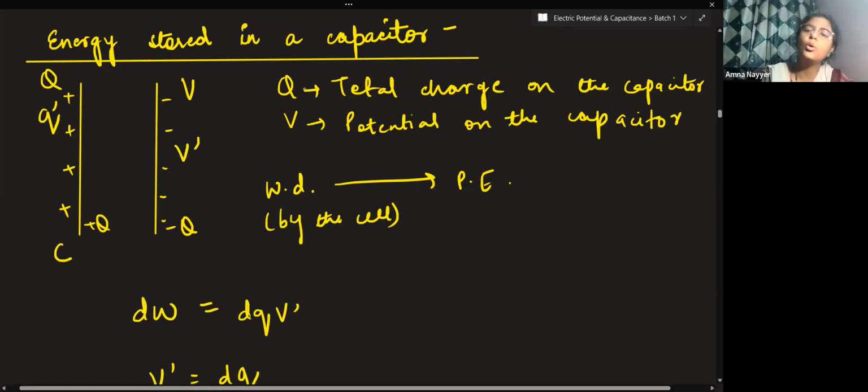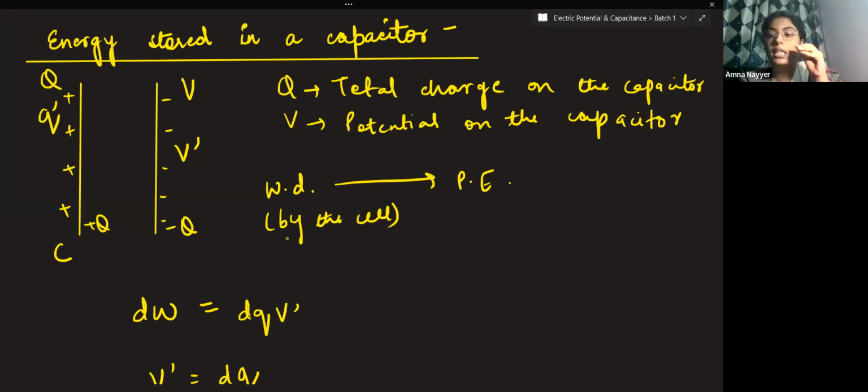Let's say the total charge on this is Q, and the total potential is V. Now, all the work done gets stored in the form of potential energy. So we are calculating the energy that is stored. If we are able to find the work done, then we can easily find the energy, because all the work done will get stored in the form of potential energy.